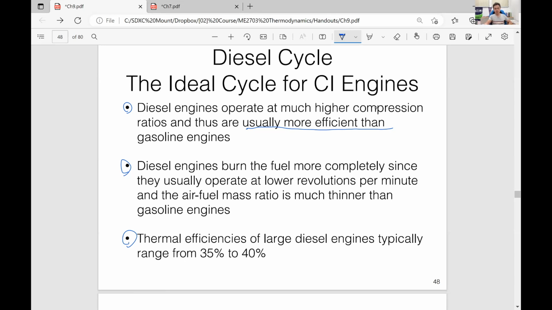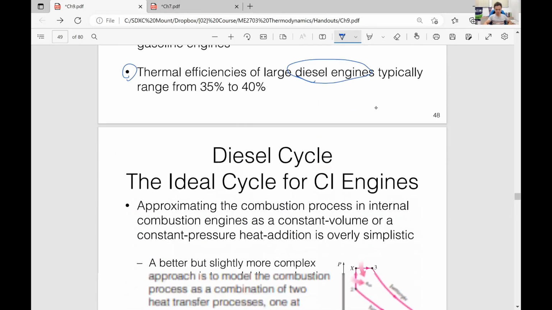It's larger than the typical efficiency of a gasoline engine, but this is because diesel engines usually operate at high compression ratios, right?